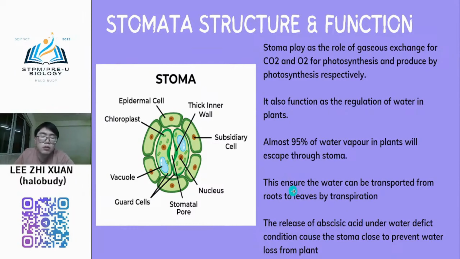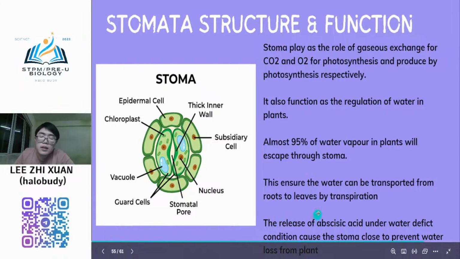Maybe you do not know, or you already forgot. I think you also learned this in SPM, transport in plants. But never mind, later we will learn it in chapter 8. The release of abscisic acid under water deficit conditions will cause the stomata to close to prevent water loss.